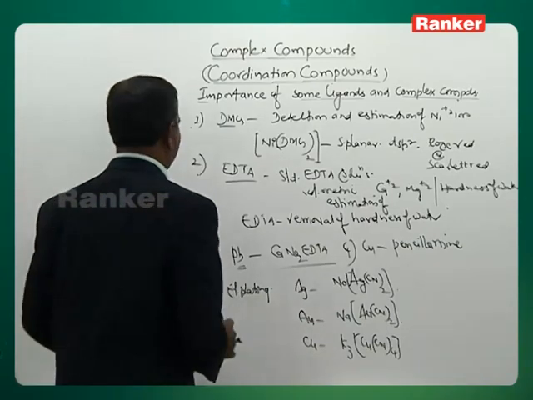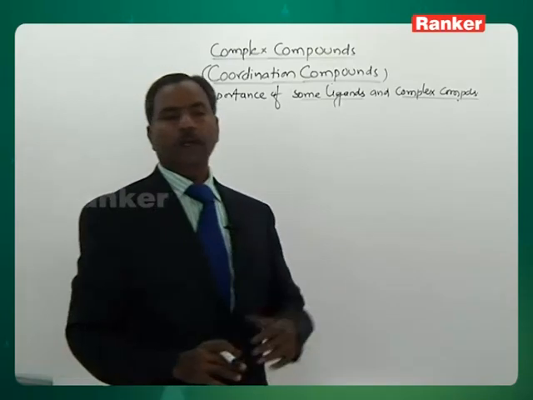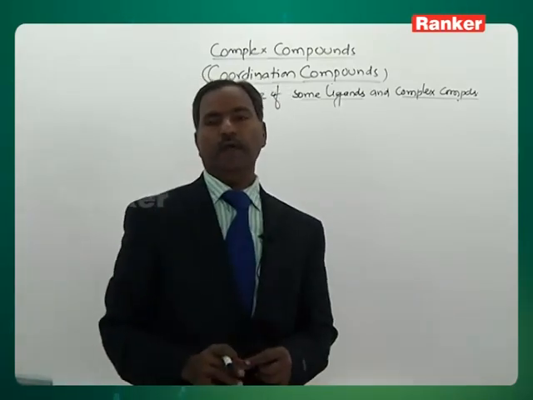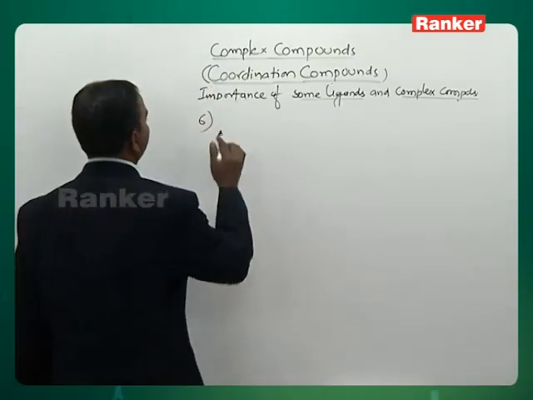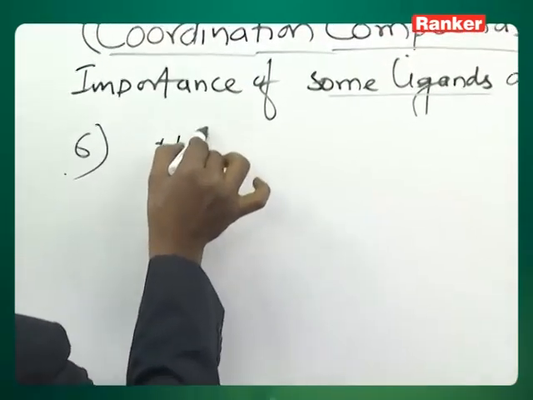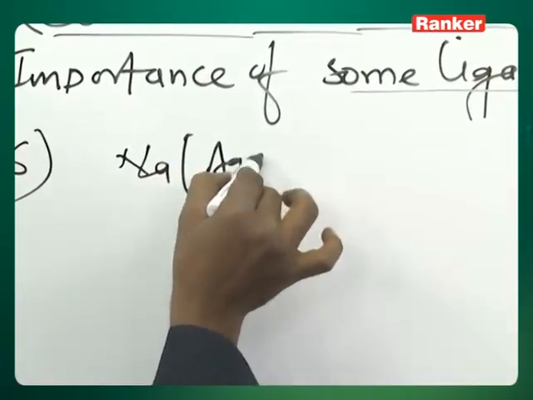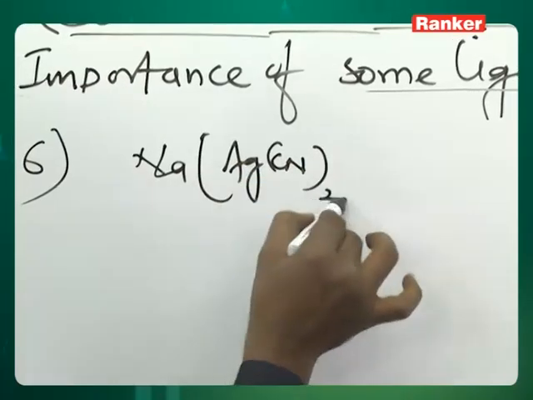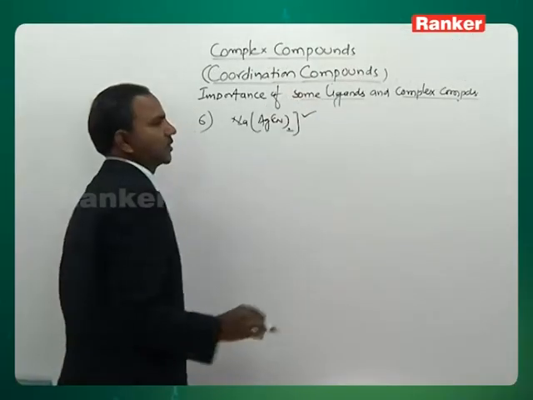Next, some more are there. We will discuss hydrometallurgy. In hydrometallurgy, for the extraction of silver and gold, the complex used is Na[Ag(CN)2] for the extraction of silver.